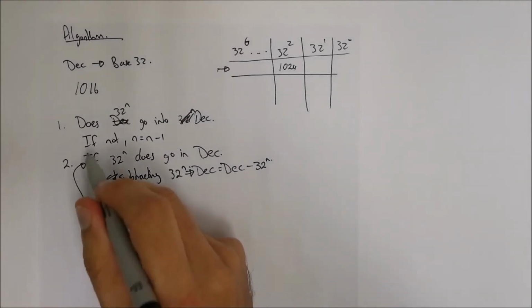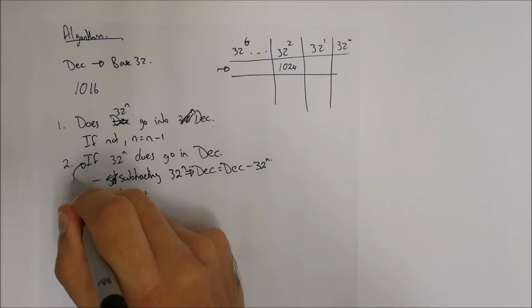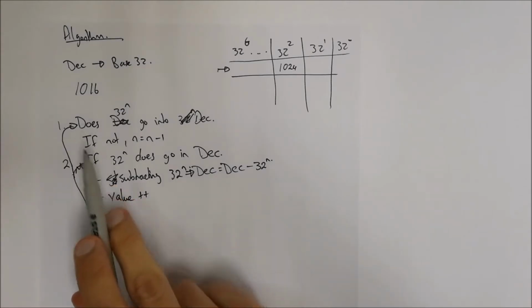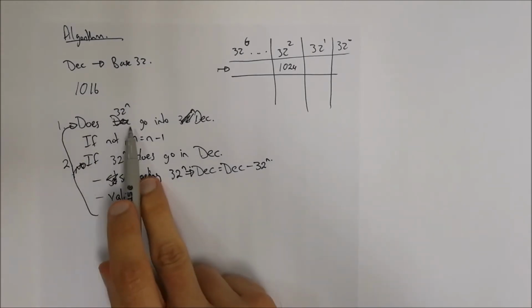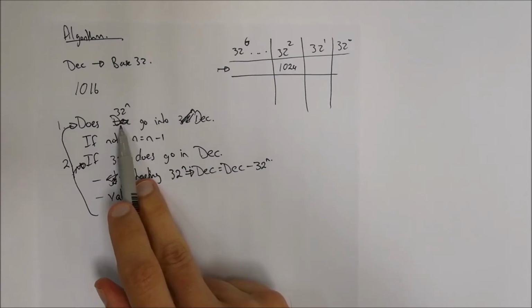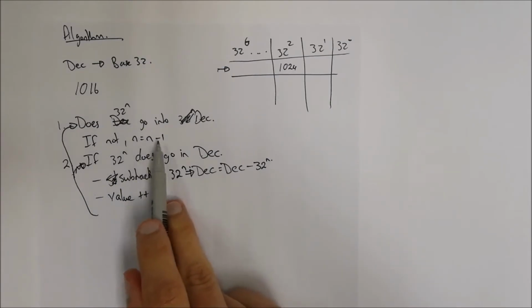As a matter of fact, we will keep on looping this not only over here, but we'll be going all the way to step 1, because we need to check also, does 32 to the power of n go into the new value of this decimal? So once we've subtracted 32 to the power of n a few times, eventually we get to the point where we've got to check, and if it doesn't go through, then we need to say n is equal to n minus 1.